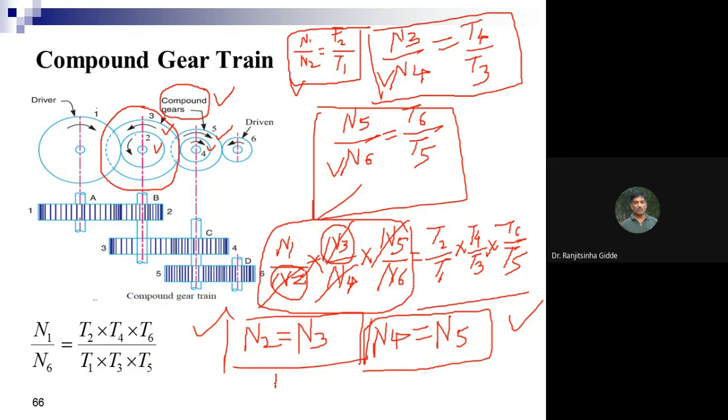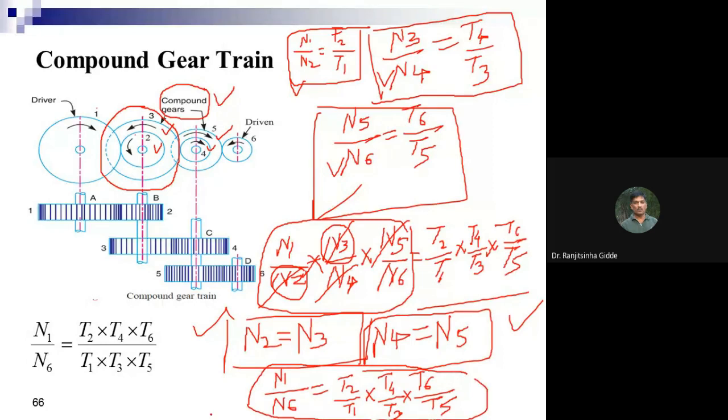N1 upon N6 is equal to, this side as it is, T2 upon T1, T4 upon T3 and T6 upon T5. This is nothing but the speed ratio for this combination.